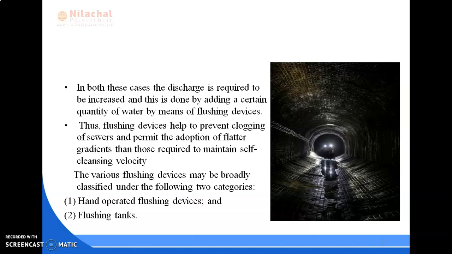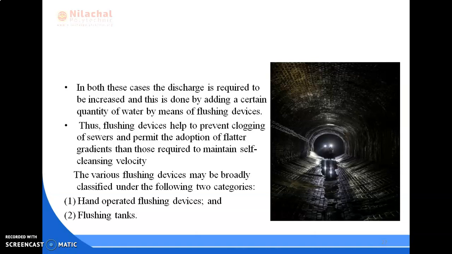So, to discharge the sewage, in this case we have to add some extra water which flushes out this sewage or the wastages and cleans the sewer line and keeps the sewer line clean.